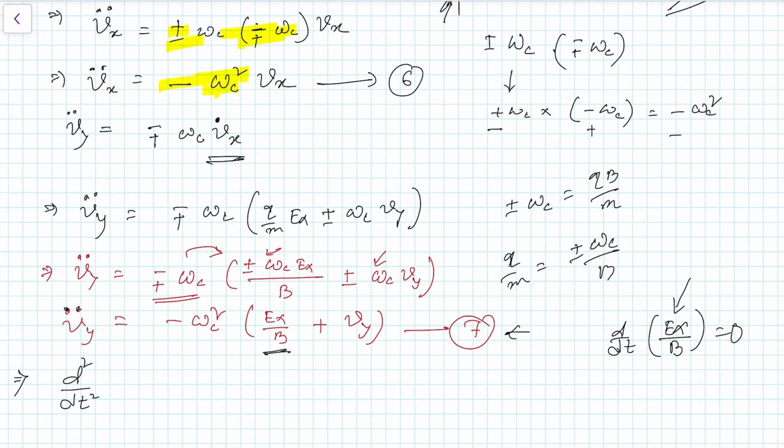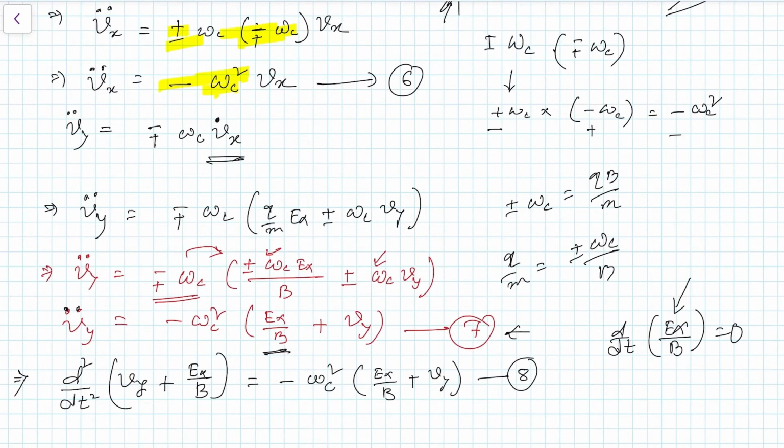So we can write Vy, along with this Ex by B, because its differentiation is 0. So it will be equal to minus omega c square (Ex by B plus Vy). This is equation number 8.